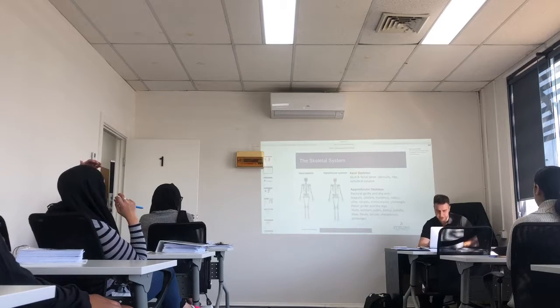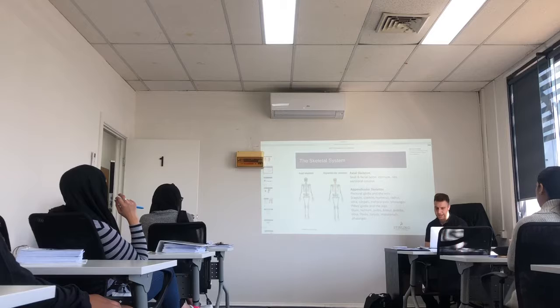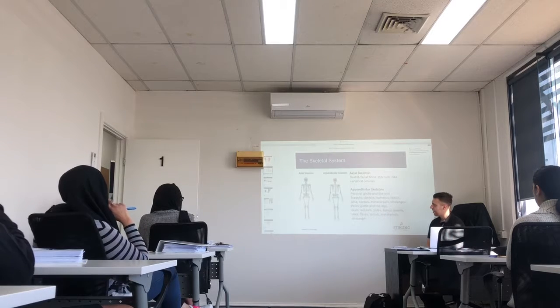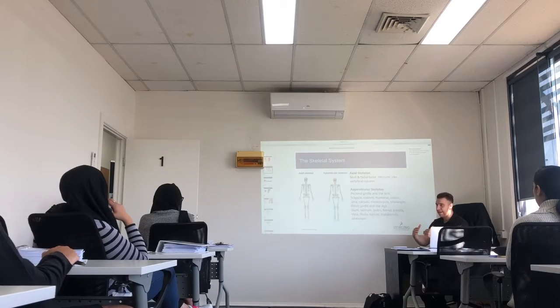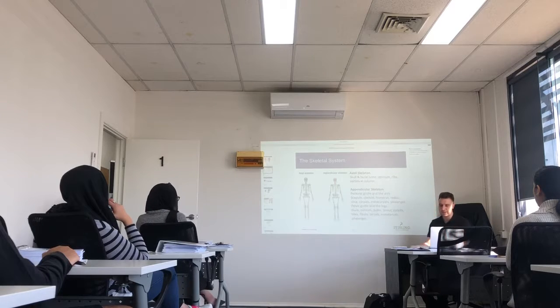Perfect. So here we've got our skeletal systems, so axial skeleton and appendicular skeleton. The axial skeleton is skull and facial bones, sternum, ribs, and vertebral column. This is all obviously underneath our muscles, which will come up as well. So we've got the skull and the facial areas, so there's lots of muscles throughout this area as well.